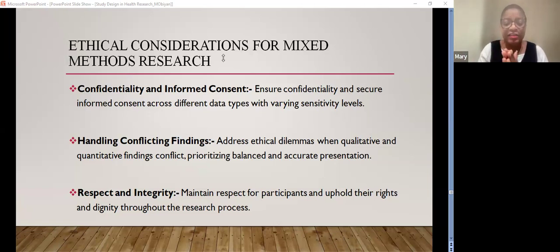And manage conflicting findings. There are times that what you found is completely different from what you expected to find. Going through your themes, you are finding different meanings. Like, whoa, I didn't see this coming. As a researcher, please don't influence, don't manipulate your data to speak your language. Don't. Just say what you find.